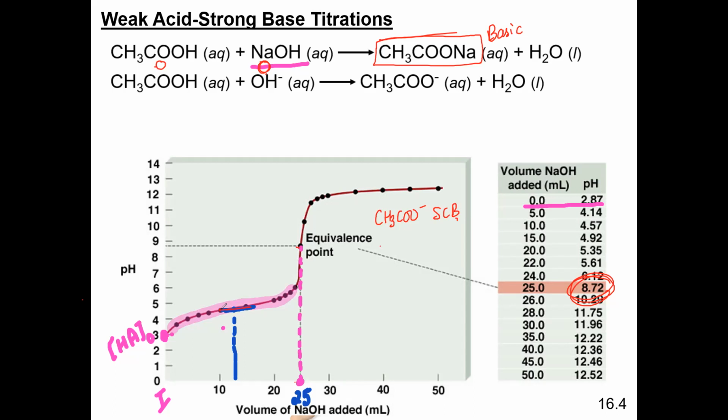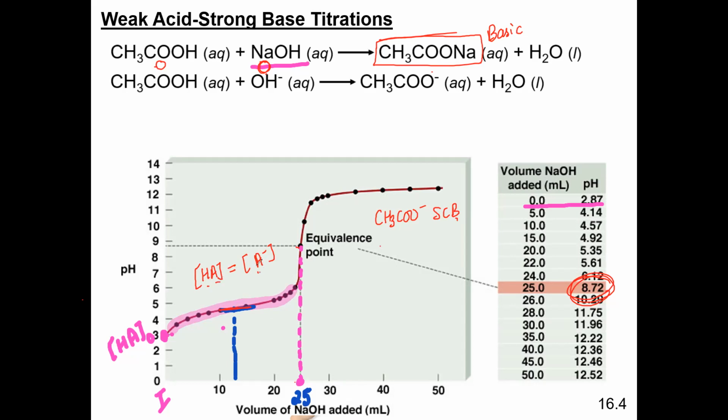Half equivalence point is the point when the concentration of the acid and the concentration of its conjugate base are equal, because half of the acid is converted into its conjugate base. Half of it has reacted, half is still left.